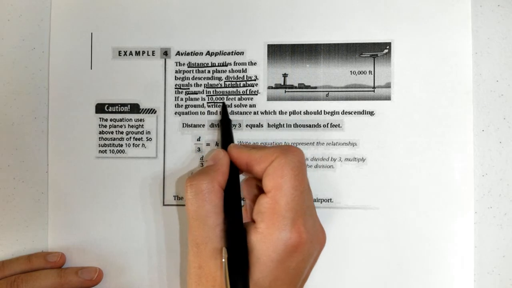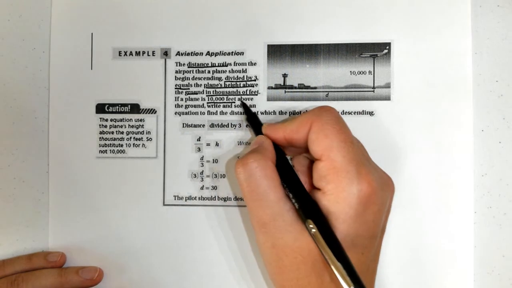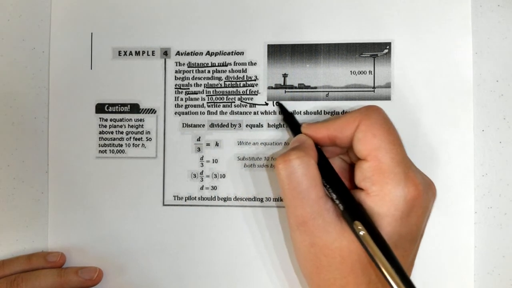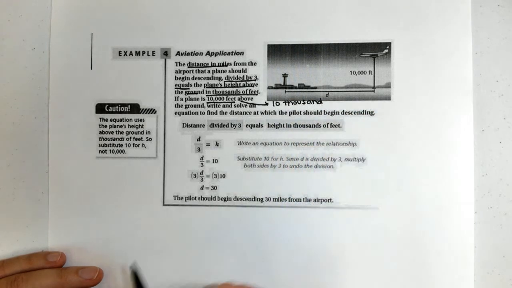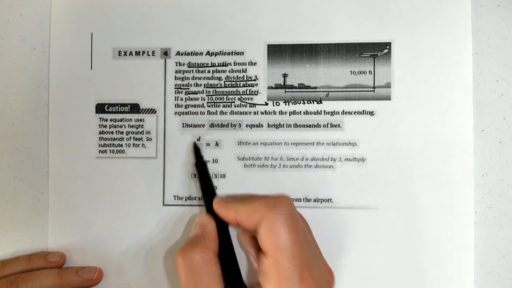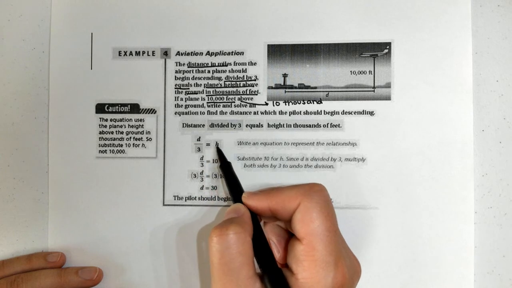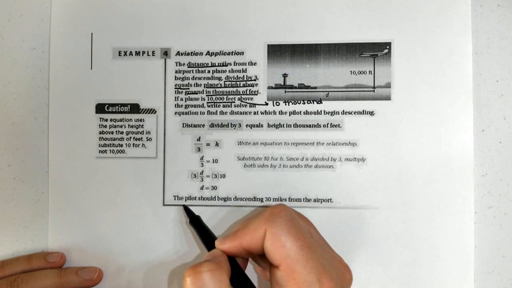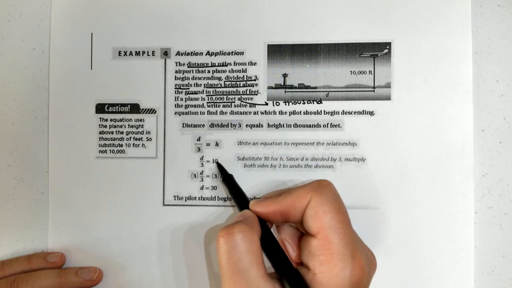Right now we have 10,000 feet. So how many thousands is 10,000 feet? That's going to be 10. So when we go write our equation, we're going to write our distance in miles, which is D, divided by 3, equals our height in thousands of feet. Our height in thousands of feet is 10. So we're going to replace H with 10.